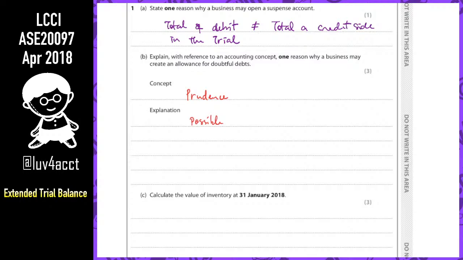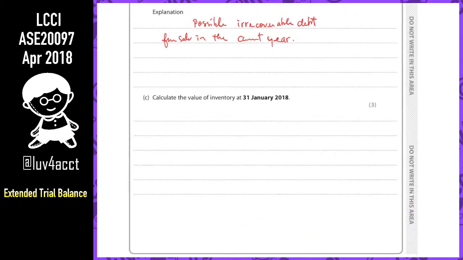It is possible irrecoverable debt from sales in the current year. So if there is a possible loss, you have to prepare for it. That is the reason why we have the allowance for doubtful debt.